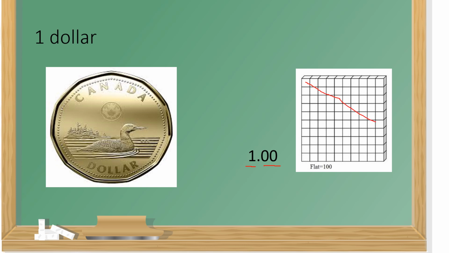That means we will shade all 100 parts of this. So when all 100 parts are shaded of a total of 100, then it becomes 1.00. So no decimal part and we have only whole number part, and that is 1.